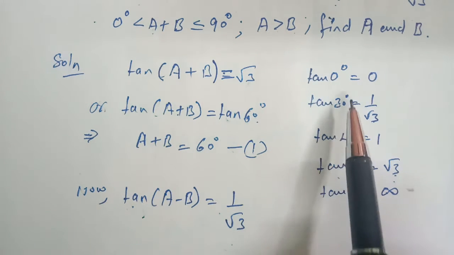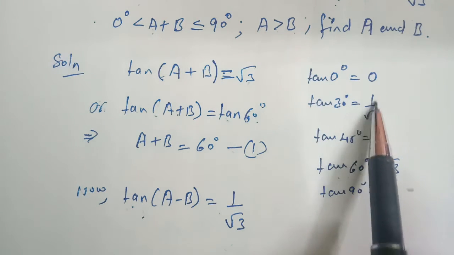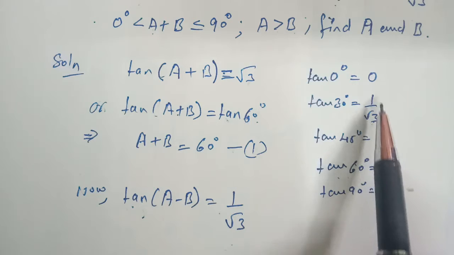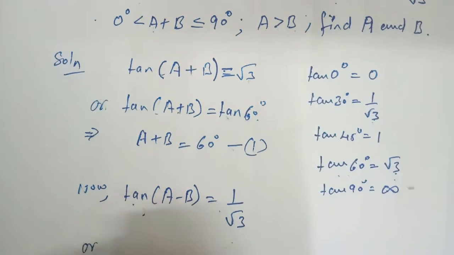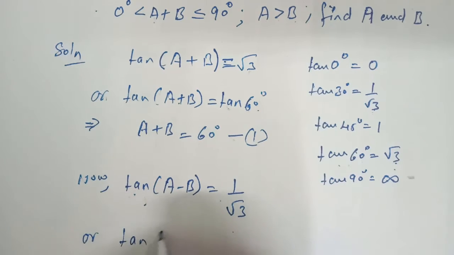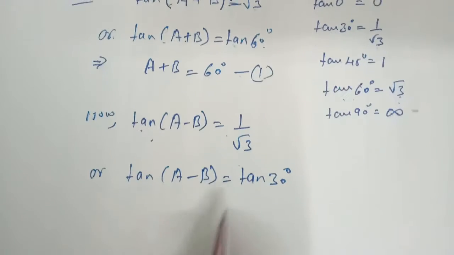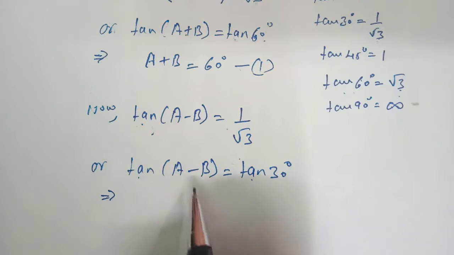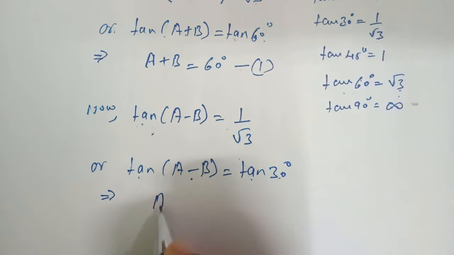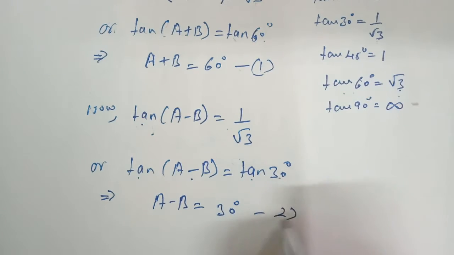Again we revise the trigonometric table and find that tan 30 degree is equal to 1 upon root 3. So in place of 1 upon root 3 we write tan 30 degree, or tan(A minus B) is equal to tan 30 degree. So tan and tan both will be cancelled and this will give angle equal to angle. It means A minus B is equal to 30 degree.